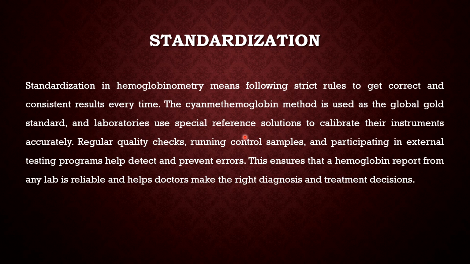Laboratories use special reference solutions to calibrate their instruments accurately. Regular quality checks, running control samples, and participating in external testing programs help detect and prevent errors. That means standardization is done to prevent error so that a reliable result can be given to the doctor and there can be right diagnosis and treatment decisions.